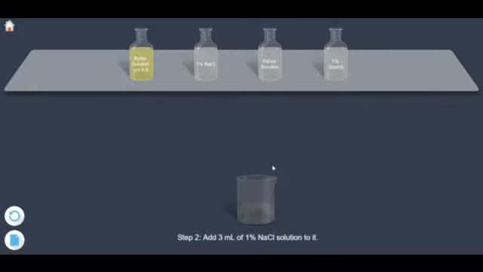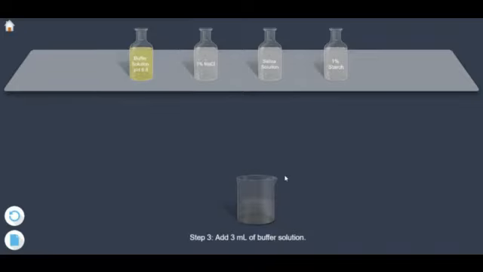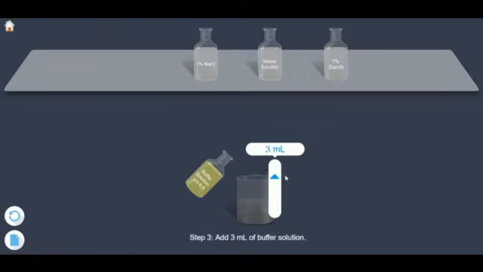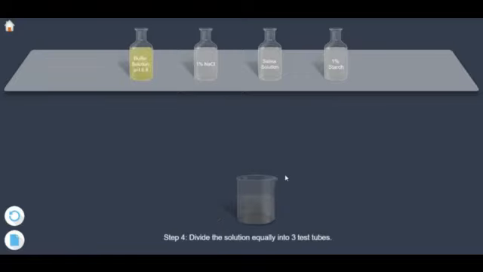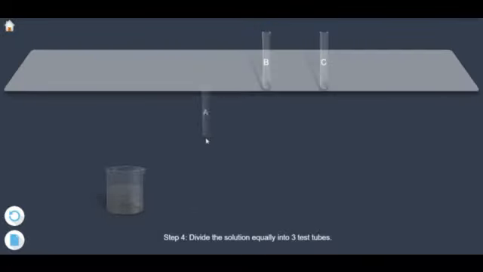Add 3 ml of 1% NaCl solution to it. Step 3. Add 3 ml of buffer solution. Step 4. Divide the solution equally into 3 test tubes.